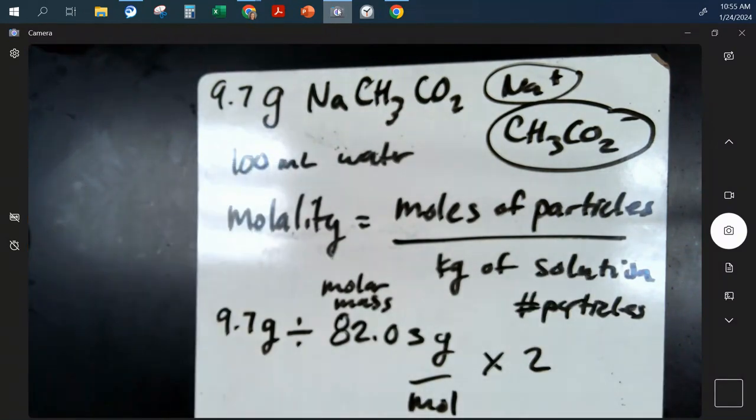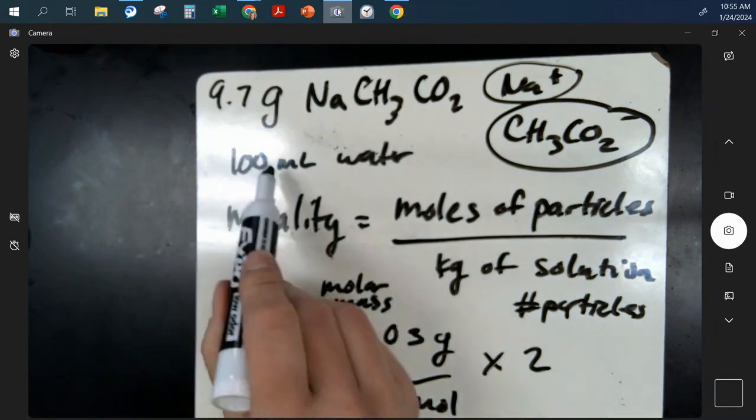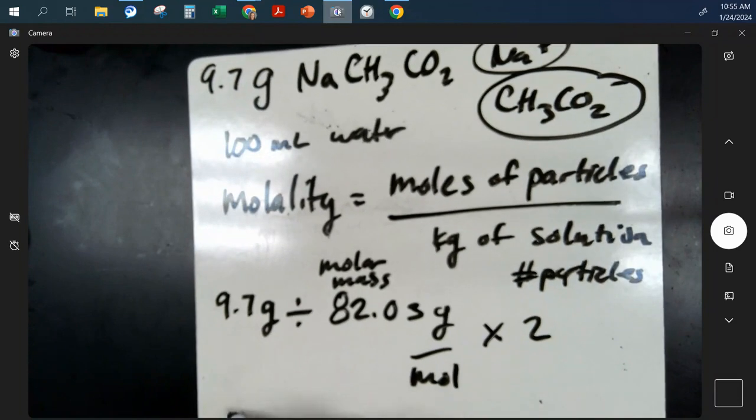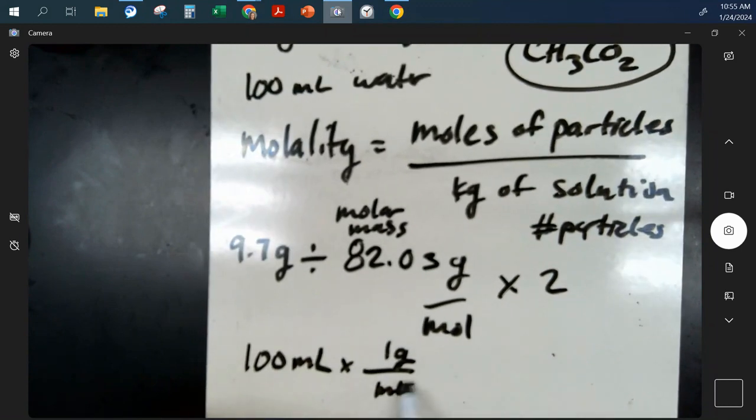The other thing I need to do is figure out how many kilograms of water this is. So it told me that water has a density of 1 gram per milliliter. So this is going to give me 100 grams.